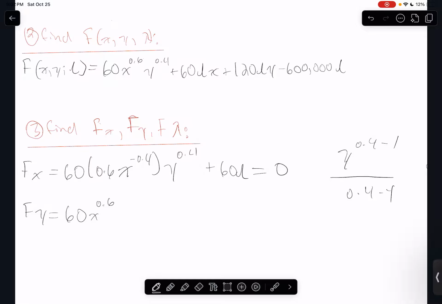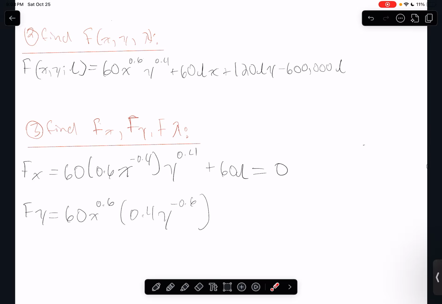We're going to do the derivative. So we're going to bring that top value down. It's going to be 0.4y to the power of 0.4 minus 1. It's negative 0.6 now. Okay. And that's going to be multiplied to that. And now we're going to find our other derivatives here.